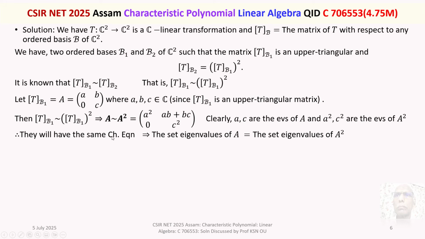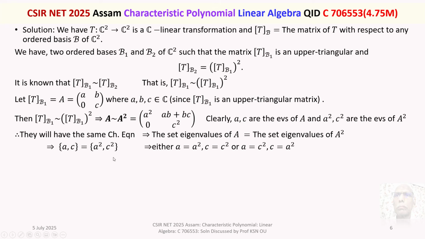Therefore, the set of eigenvalues of A must be equal to the set of eigenvalues of A square. That means the set {a, c} is equal to the set {a square, c square}. They are equal set-wise.